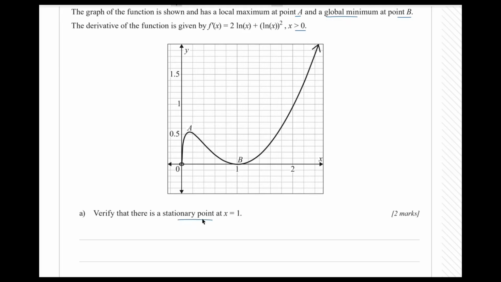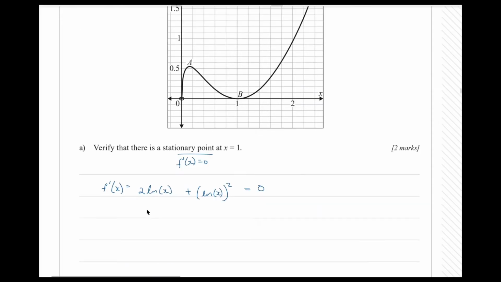Okay, well, at stationary points, f dash of x equals 0. So we've got 2 ln x plus ln x squared. So we're checking, does this equal 0 for x equals 1? We can factorize this as ln x is common, and we're left with 2 plus ln x.